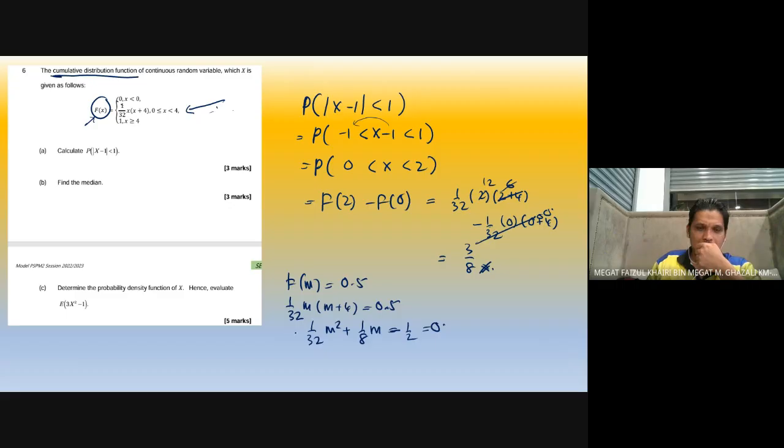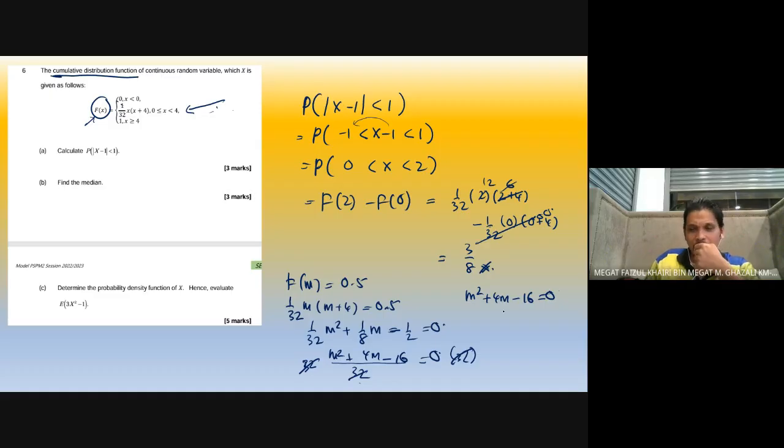So times with, okay, make it all 32. So m squared, 8 times 4, so 4m, minus 2 times 16, 16 equal to 0 times 32 left and right. So what we have now, m squared plus 4m minus 16 equal to 0.